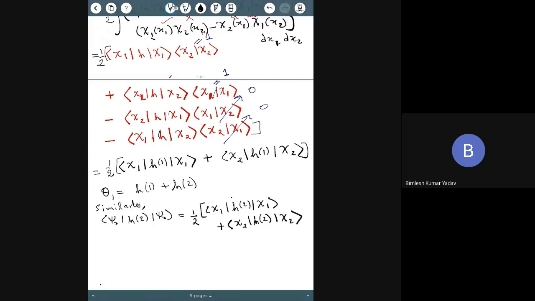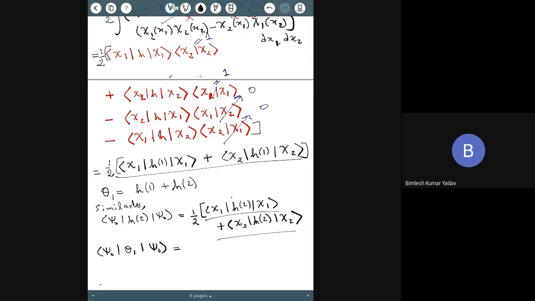And if we sum these two now, then psi 0 theta 1 psi 0, that is, the half will go because these are the same, this and this expression.